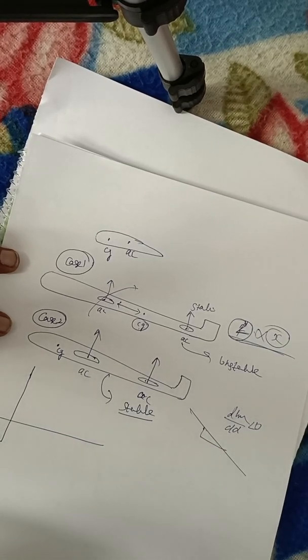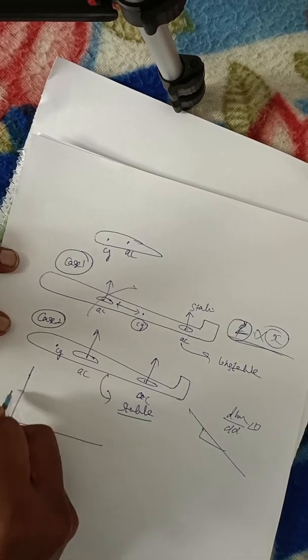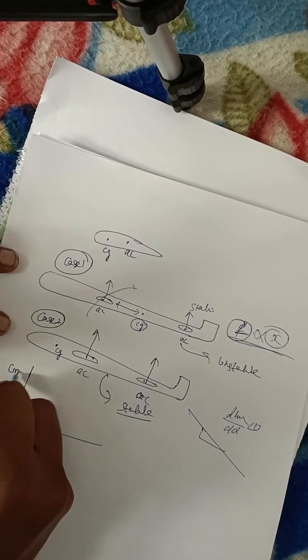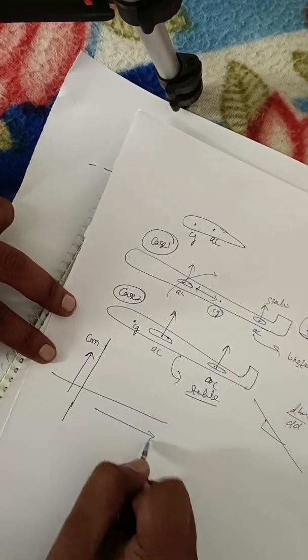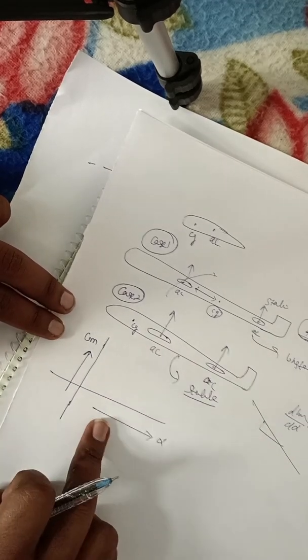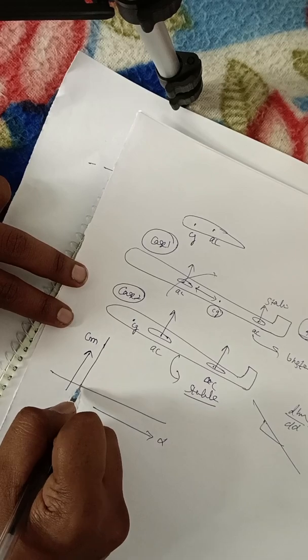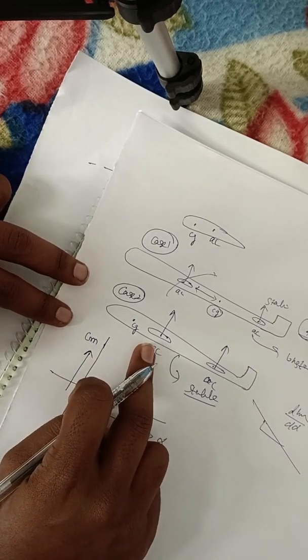For a stable aircraft, if I am going to draw a graph of Cm versus alpha: at alpha equal to 0, what is the moment that is generated here?